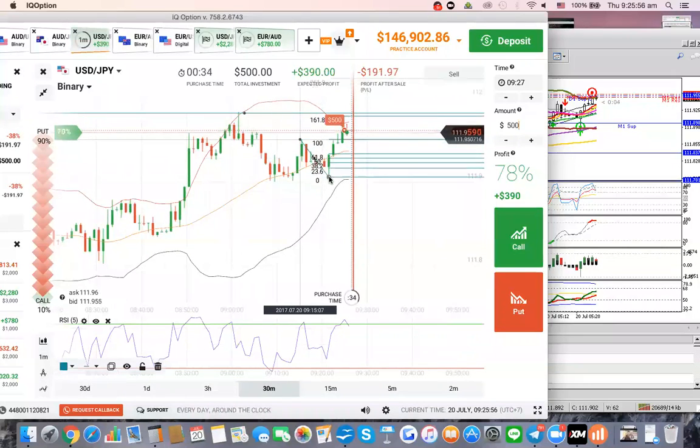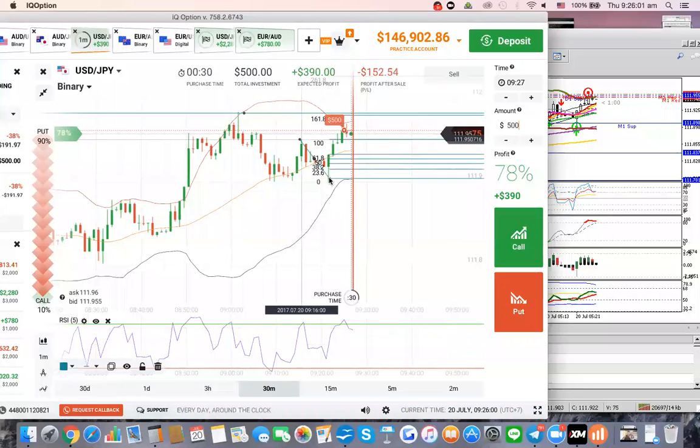And feeble on that. That's a 161, yeah. So we went in at a not so good entry, but it might do the job. That's why anyway we went in small.